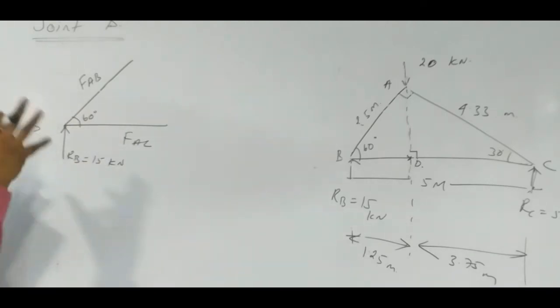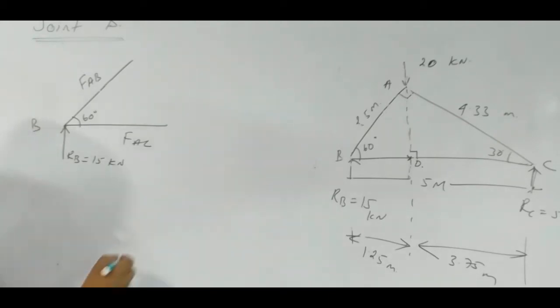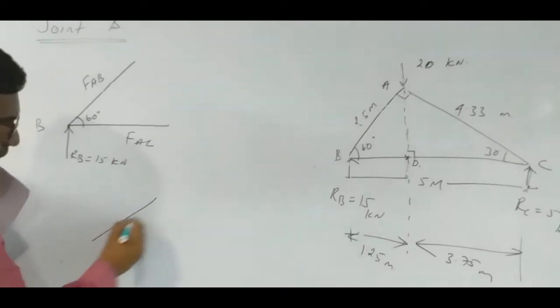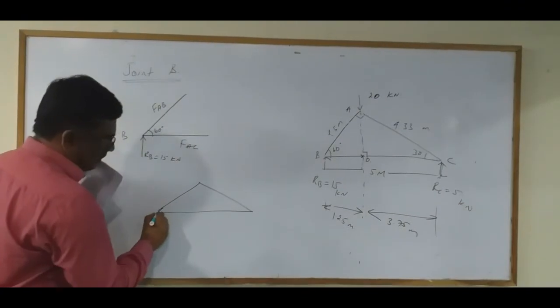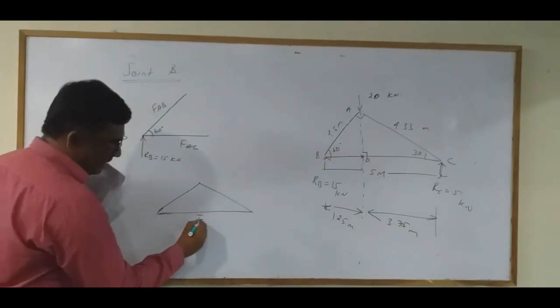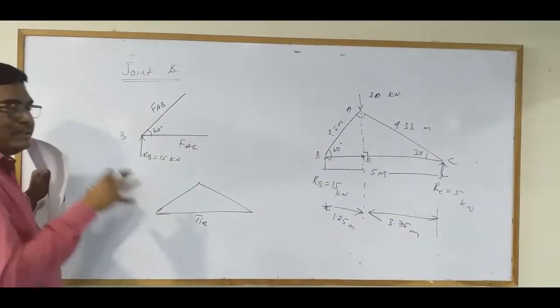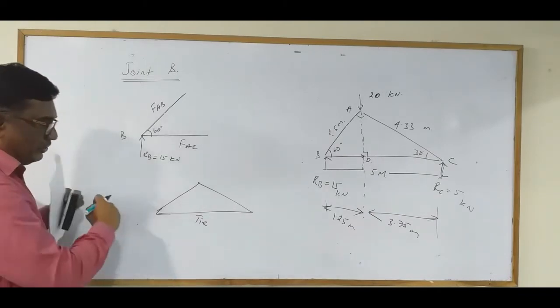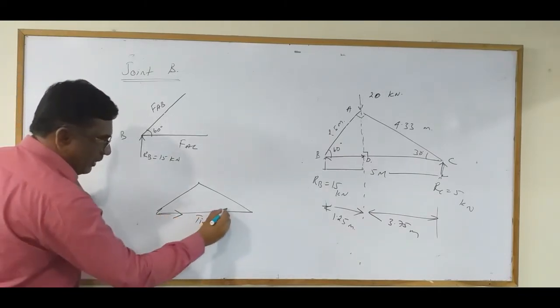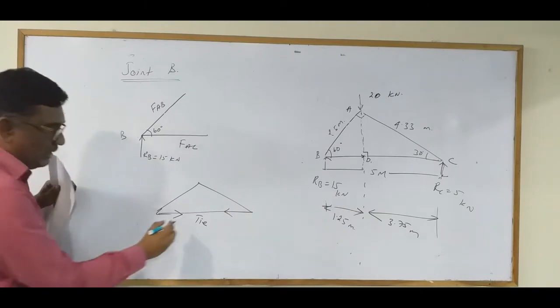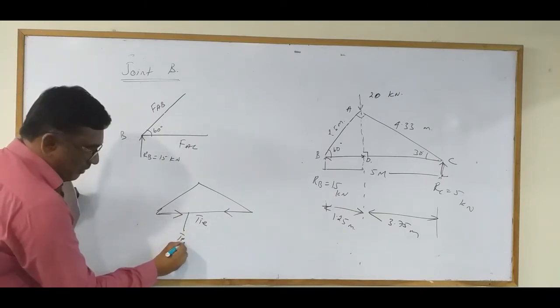Now we have to mark the direction of the forces. In all roof trusses, the bottom member is called a tie member. This will pull the joint, so it will always be a tension member. A tension member pulls the joint.